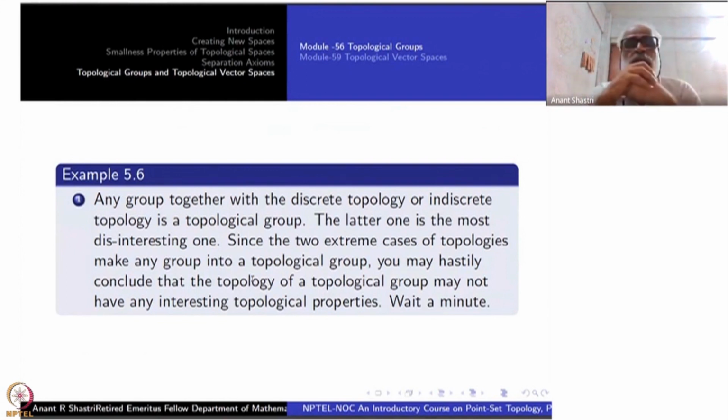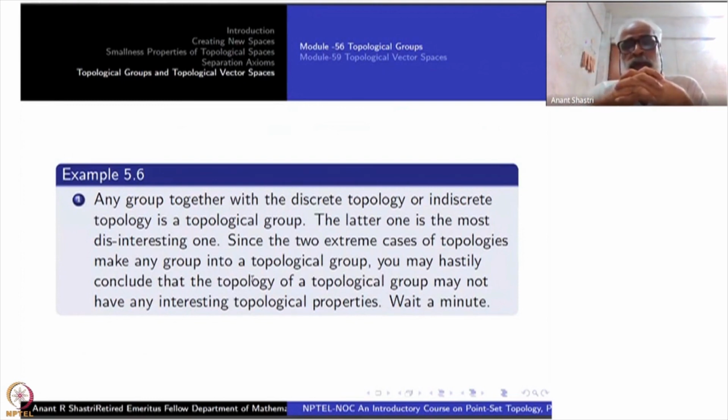Discrete topology cross discrete topology is discrete, the codomain is discrete, but any function from a discrete topology to any other space is always continuous. Similarly, indiscrete to indiscrete, any function into an indiscrete space is also continuous.